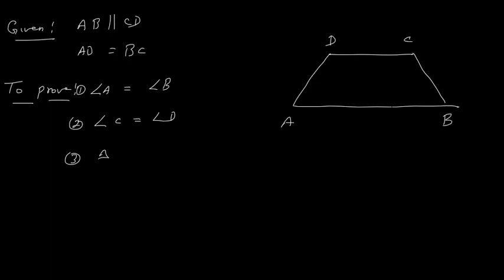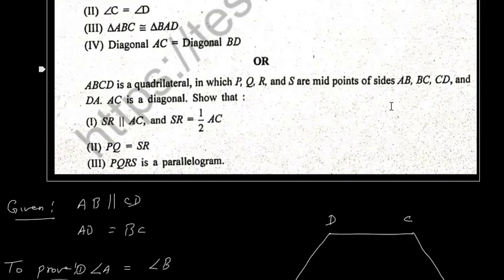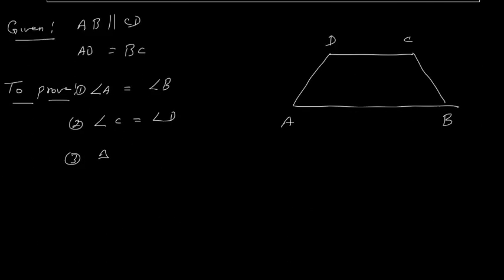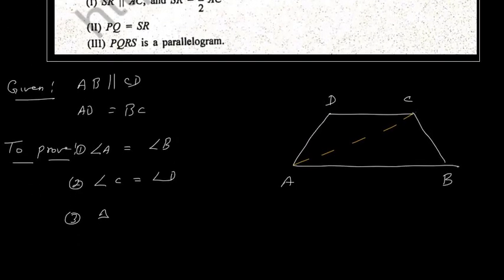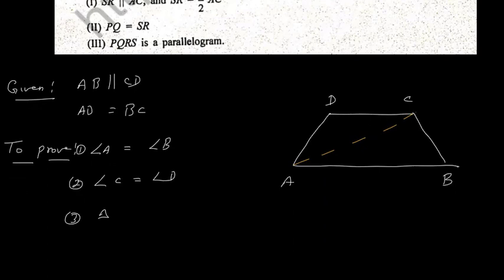Third, we have to prove triangle ABC, so I will join these two points. Triangle ABC is congruent to triangle BAD. So I join this.